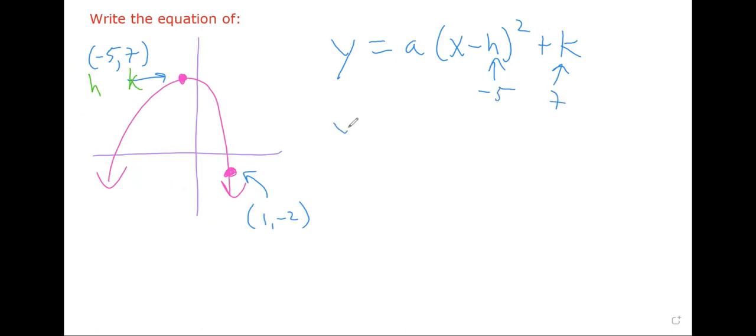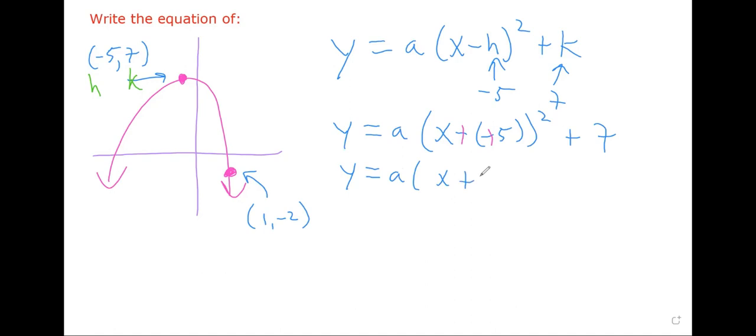So that would look like y equals a(x minus -5) squared plus 7. We know what happens with a double negative like that, it becomes positive, right? So this is just like y equals a(x plus 5) squared plus 7.